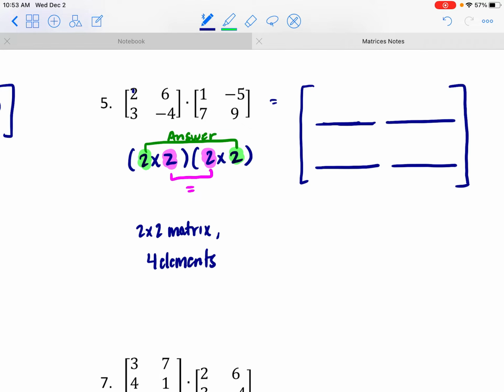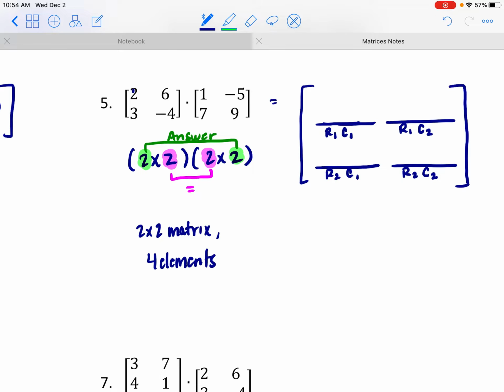And remember, rows by columns, that's how we identify a matrix. This very first spot is in row 1 and column 1. The spot underneath it is row 2 of column 1 in that answer. If I go to the right of the first one, this is still row 1, but it's in column 2 of the answer. And this last spot is in row 2 and column 2 of the answer.